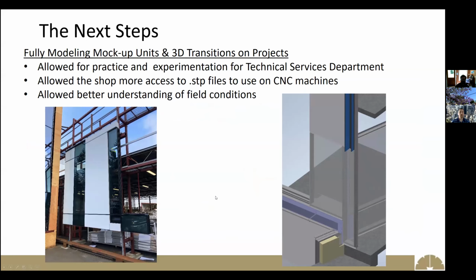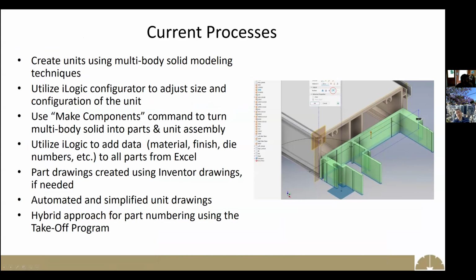While all this is going on, we've been developing a process for the modeling and how we want to do that. There are several things involved. Making the models and the parts is fairly straightforward once you learn Inventor, but to fulfill a lot of the other things that we have to do, you've got to make sure you can get the data into the models correctly: part numbers, finishes, materials, and all that kind of information.